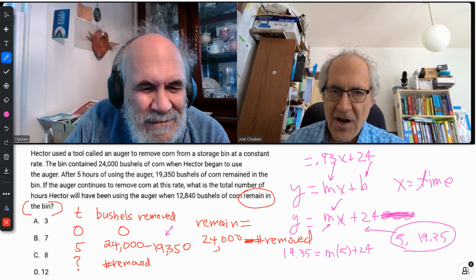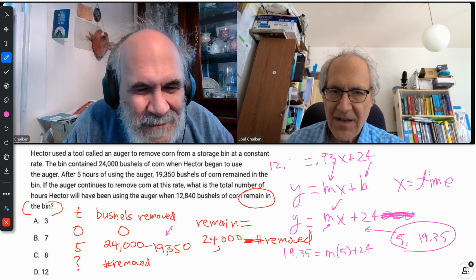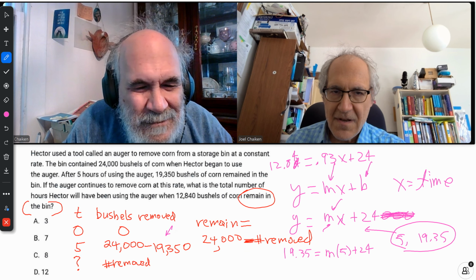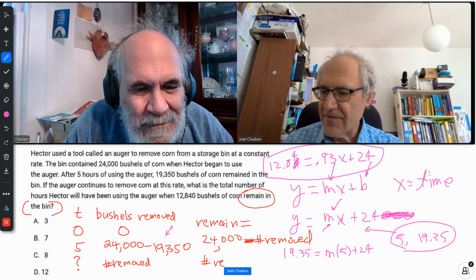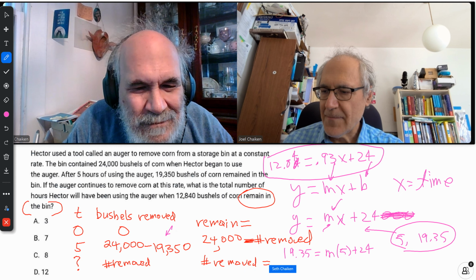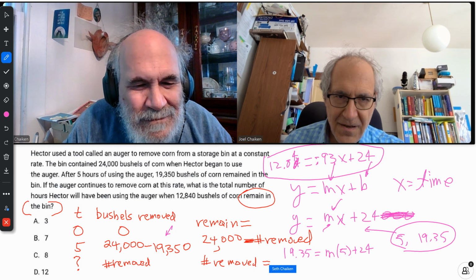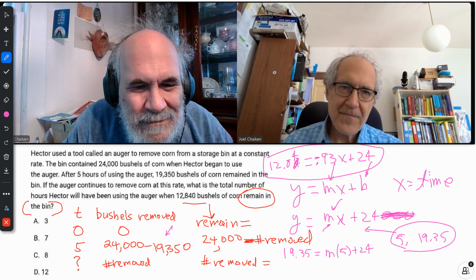And they want to know at what x value the output is 12.84. So we have to solve this equation for x. So it's 12.84 minus 24, there's a minus sign here, divided by negative 0.93. And we get 12.